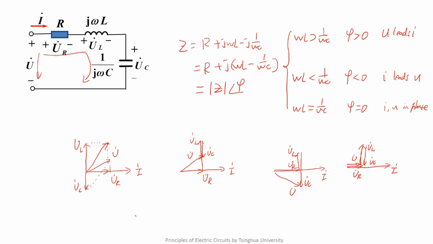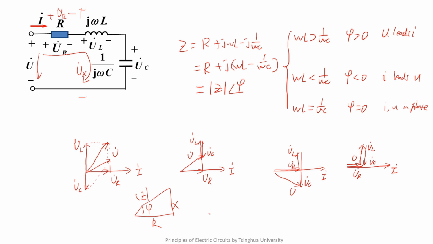We've introduced the triangle of impedance in the previous page, and it shows the relationship among R, X, the modulus of Z, and phi. For this circuit, this part is called UR, and this part is called UX. It has been seen both in the phasor graph of inductive and capacitive circuits.